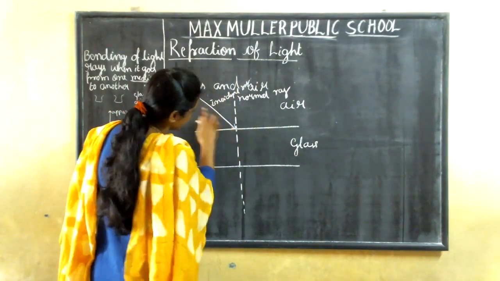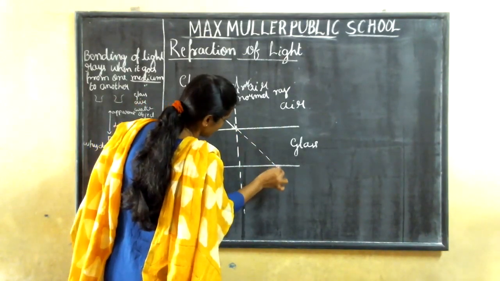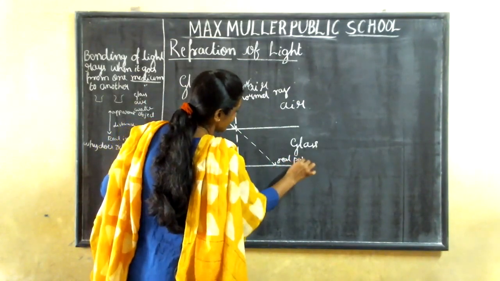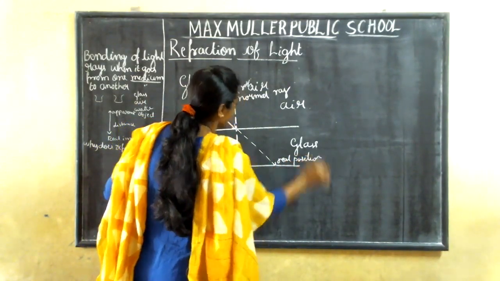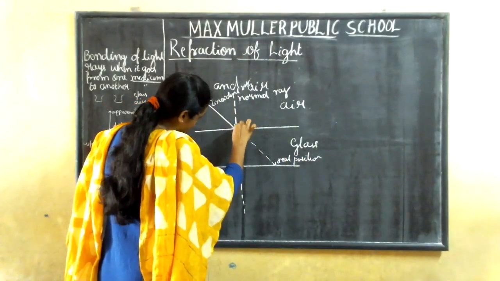The incident ray goes like this. This is the real position of the incident ray, but it's going to bend here.